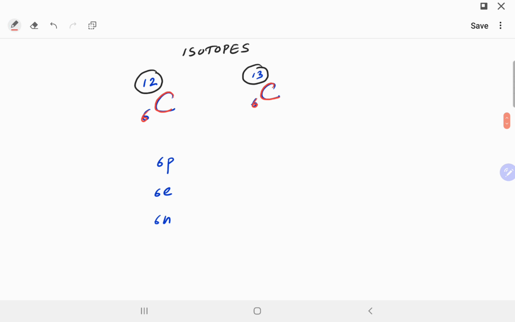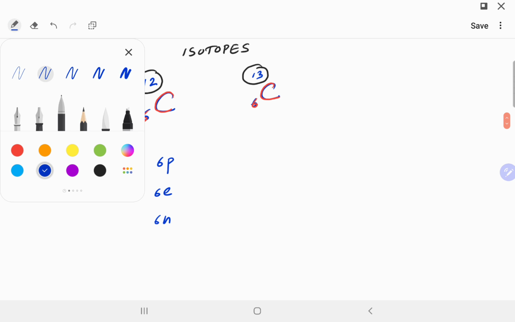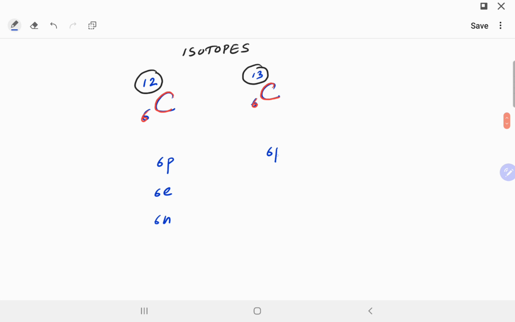Both these carbon atoms have 6 protons, that is the atomic number for carbon, and 6 electrons. But if you calculate the number of neutrons for the second carbon atom, carbon 13, it has 13 minus 6, which is 7 neutrons. So as you can see, these two isotopes of carbon have two different numbers of neutrons.